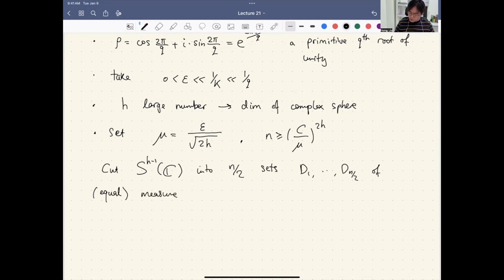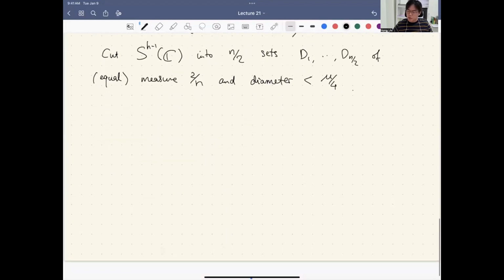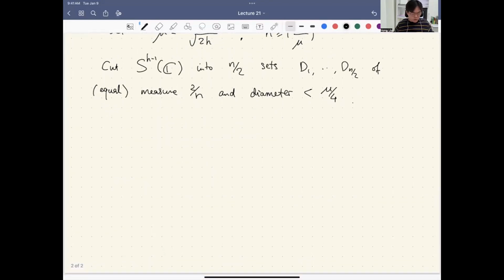Since we normalize the whole sphere to have measure 1, equal measure means measure 2 over n, and diameter strictly less than, let's say, mu over 4. Okay, so we're beginning the construction now. Let's cut the sphere into small pieces.